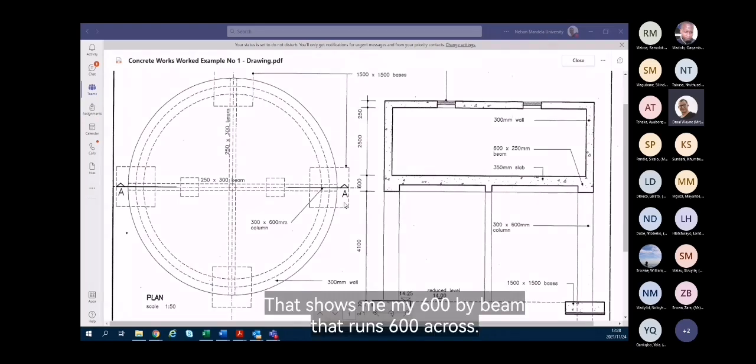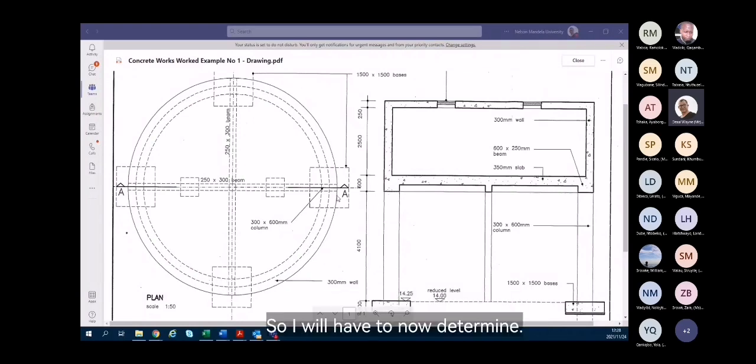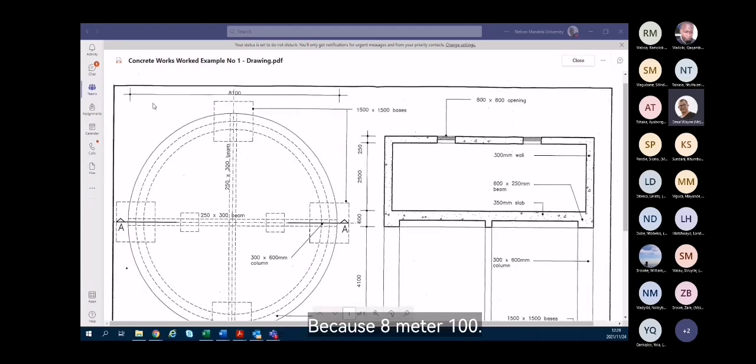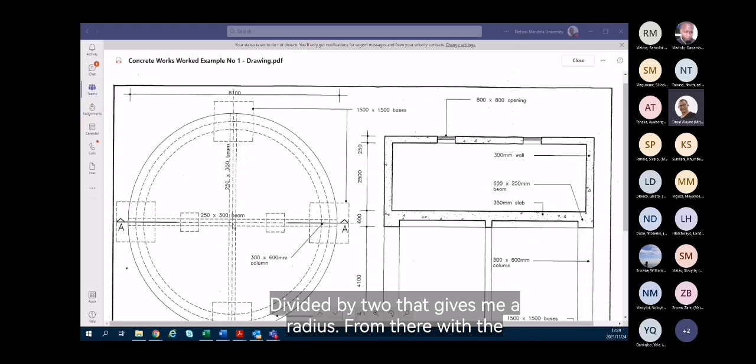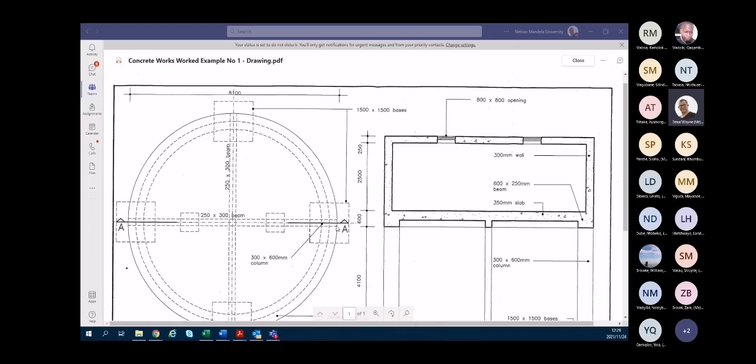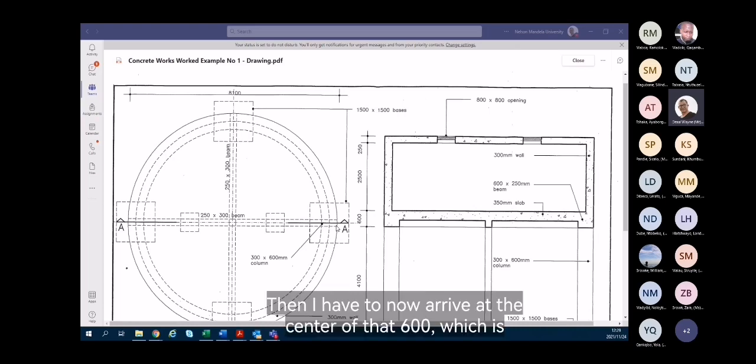That shows me my beam that runs 600 across. So I will have to determine what my radius is going to be. 8 meter 100 divided by 2 gives me a radius from there to the outside. Then I have to arrive at the center of that 600, which is 300.